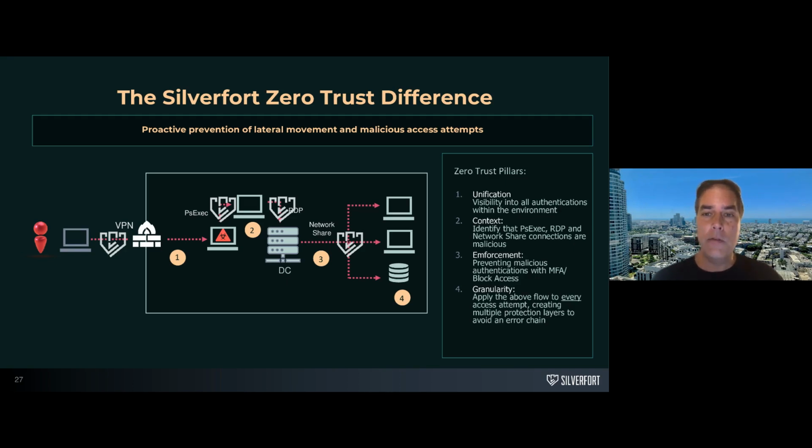It was a human-made error chain, or an error of not being able to detect these pieces of movement that led to the cyber crisis. And this is what I would say Silverfort is able to prevent. We are able to stop that attack error chain either before it begins, before it accelerates, or before it gets to its final target and executes something like ransomware.